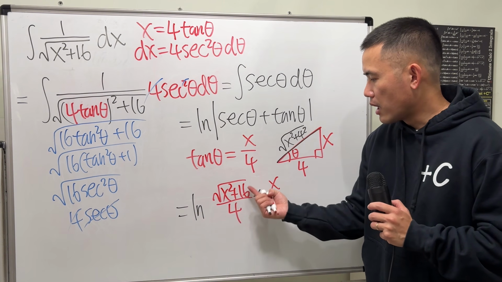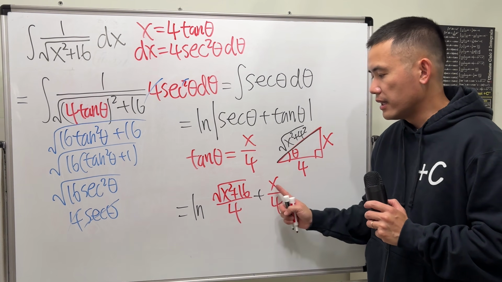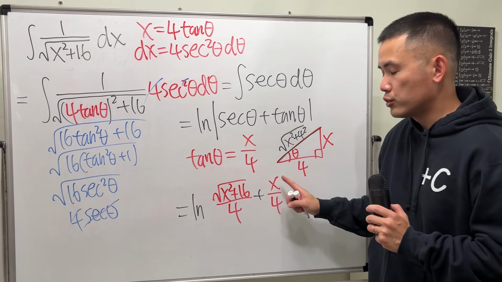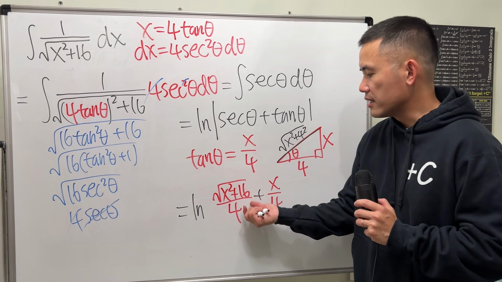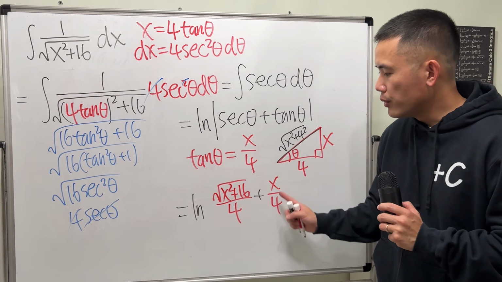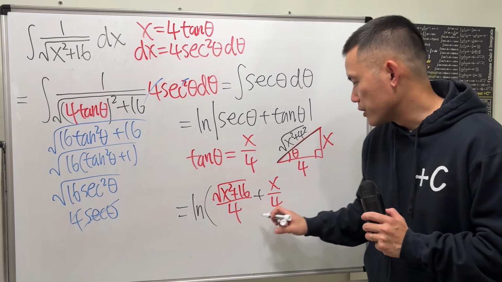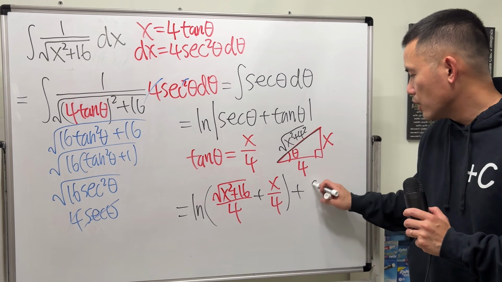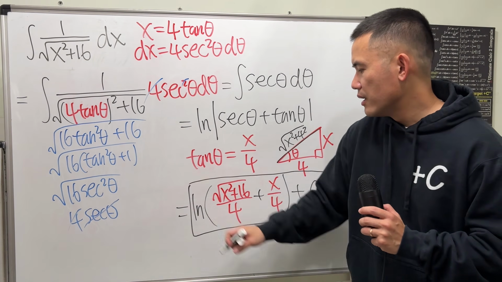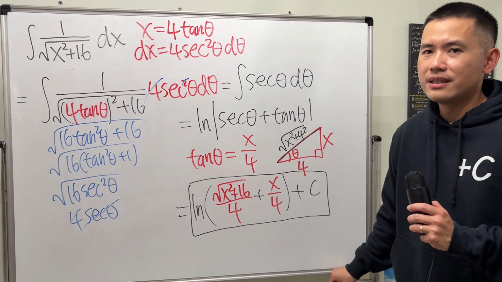And you see this part, it's actually always going to be greater than this. Because imagine if you don't have the plus 16, this is pretty much the same as that. But here we are adding the 16 inside, so this is bigger than that. That means the input is never negative, just parentheses is okay, and you're done. If you leave the answer like this, it's okay. No big deal, no problem on that.